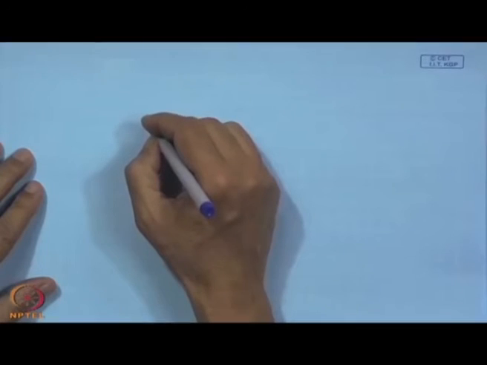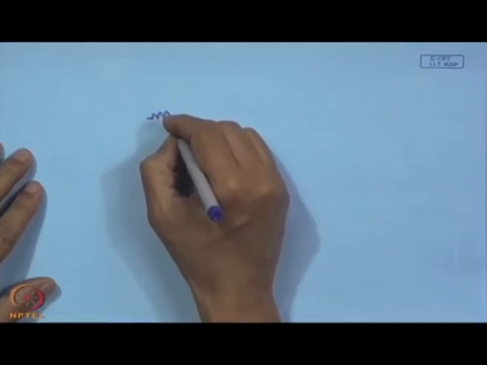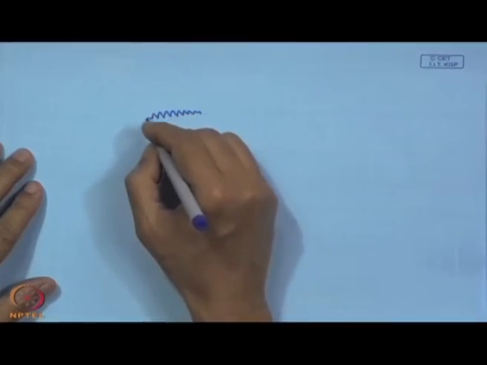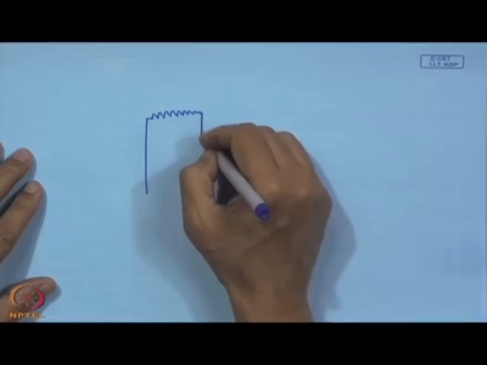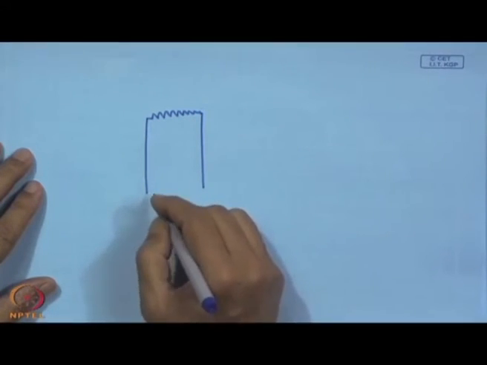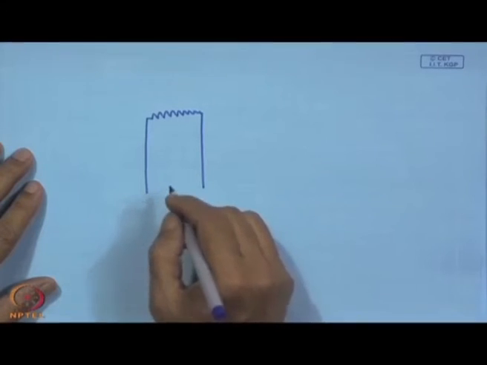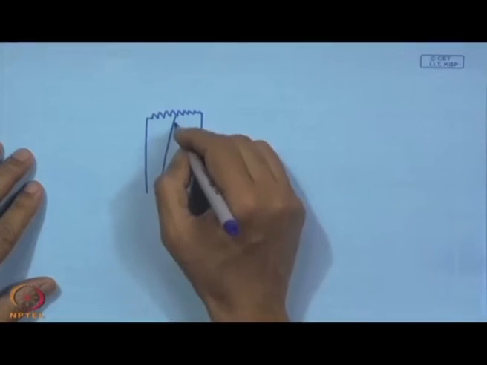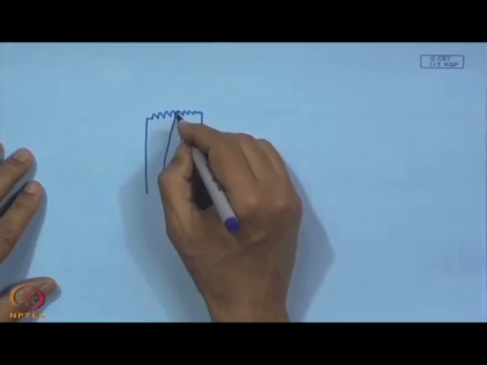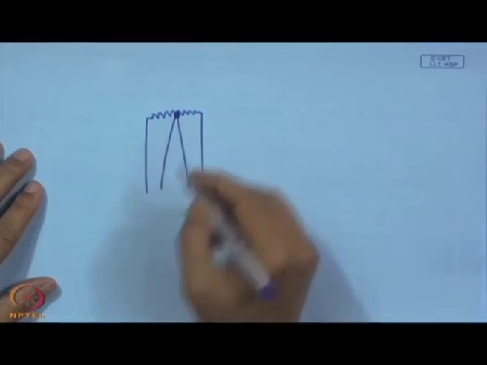So, this way also we can have a thermocouple gauge. The basic principle is the same. Here we have one thermocouple, one heating coil with a power supply, and centrally, exactly at the mid section, a thermocouple.